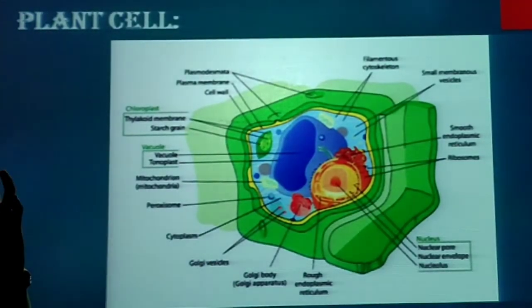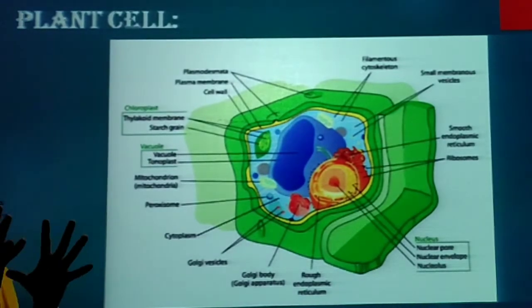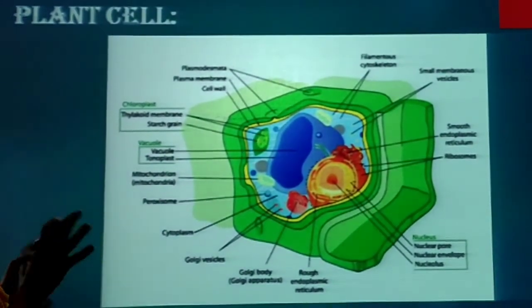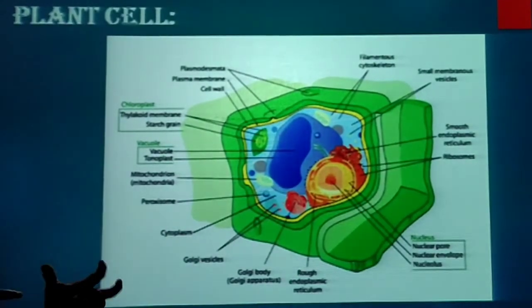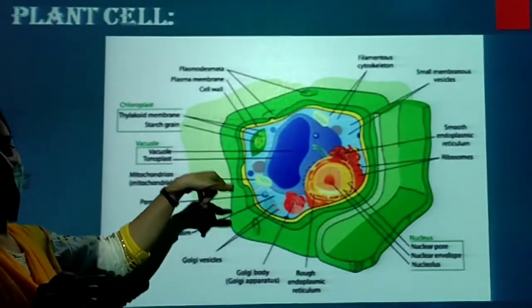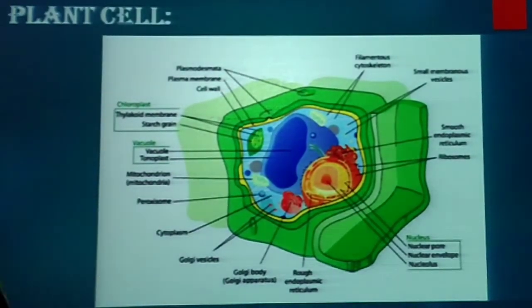If you have seen the covering of a coconut, that is dead cell wall. Cell wall is a non-living substance which is very tough and rigid, and it is made up of a big substance called cellulose.